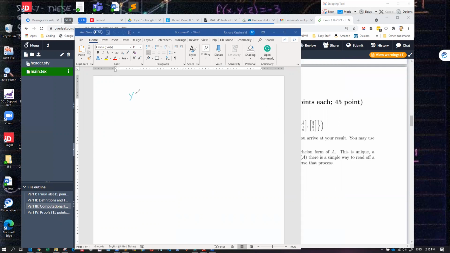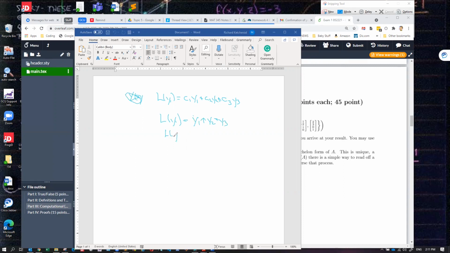You were given something like L of Y1 is equal to, and I don't remember what it was, maybe C1 Y1 plus C2 Y2 plus C3 Y3 or something like that. Maybe it was just like this: L of Y1 is equal to Y1 plus Y3, something like that.